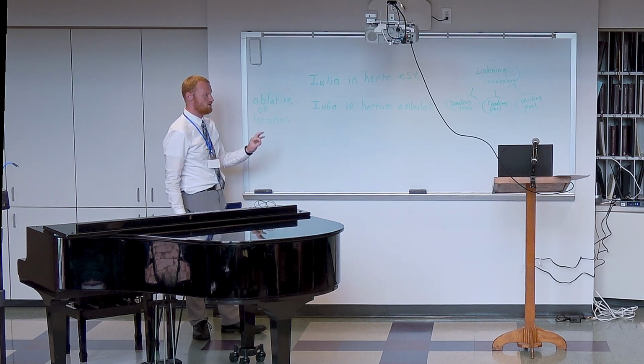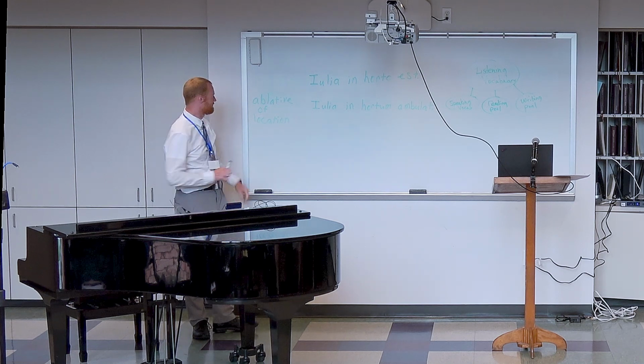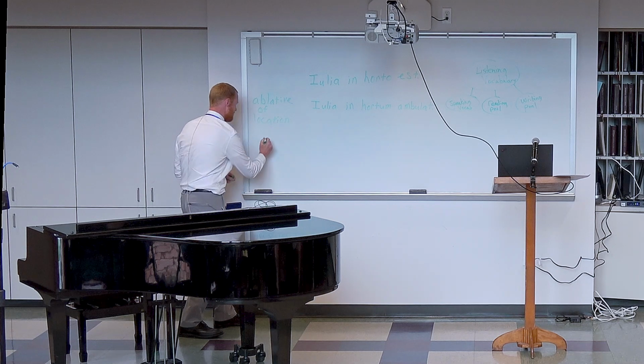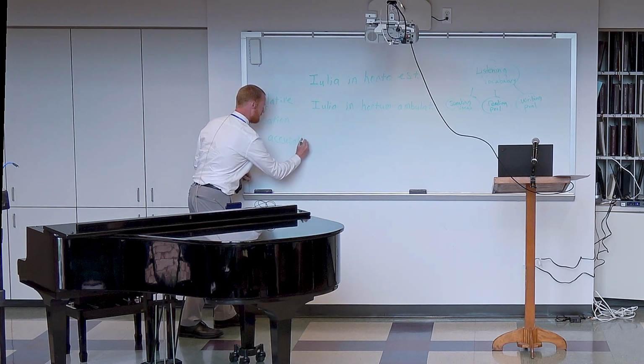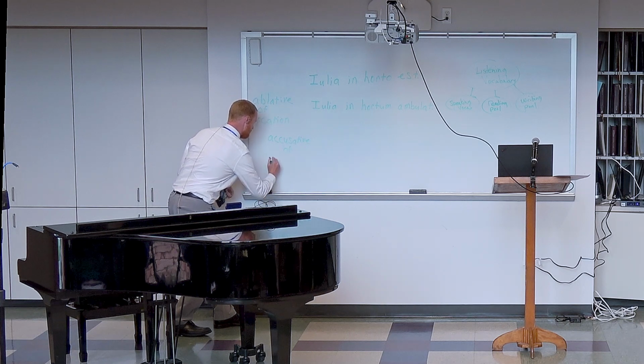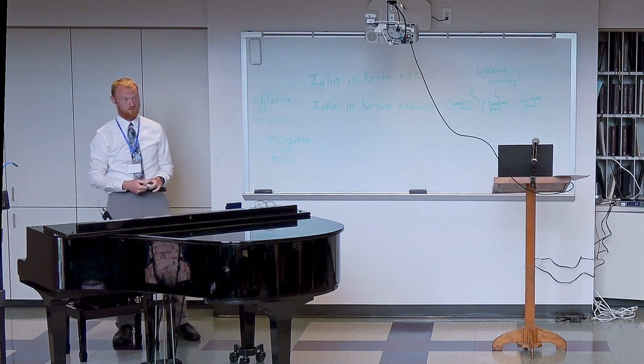Accusativus motionis. And I always tell the students it's a little bit more complicated than this. And it is. But I'm going to write that word down as well. Accusative of motion.